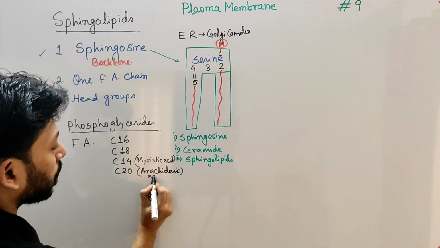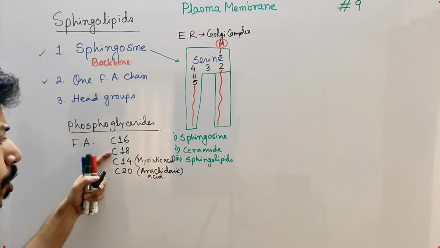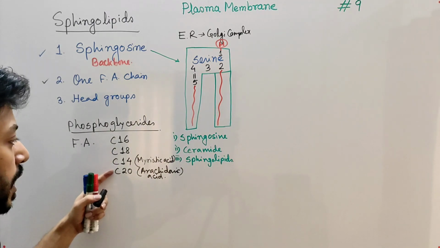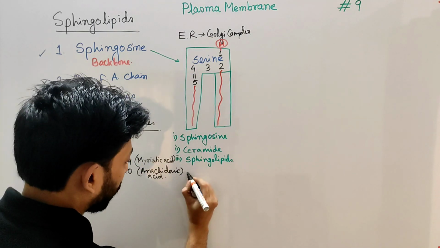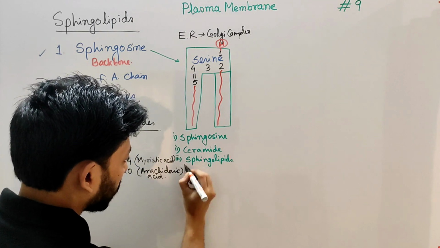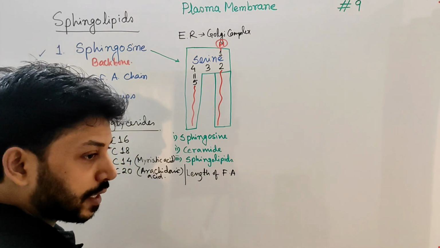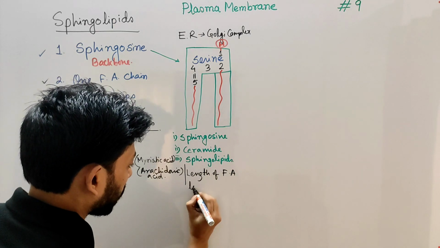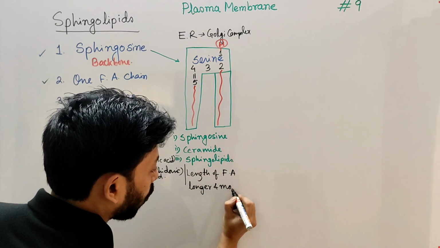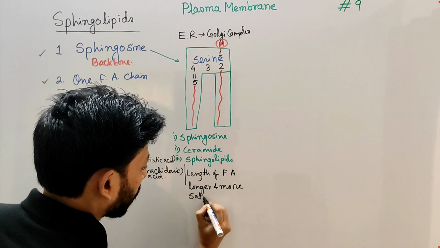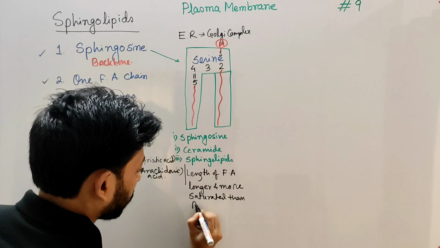So in case of phosphoglycerides, you see the carbon number of the fatty acid is 16 or 18, in some cases 14 and 20. But in case of sphingolipids, the length of the fatty acids is generally longer, and also another information you remember, more saturated than phosphoglycerides.